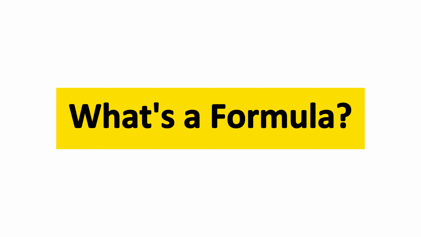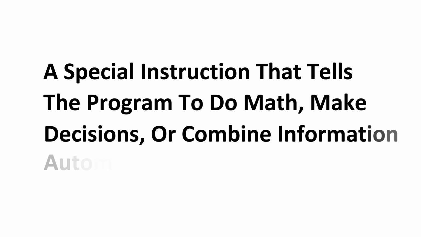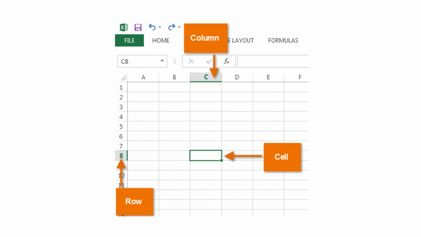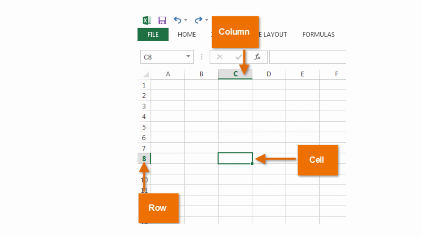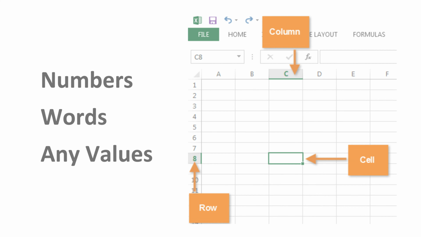A formula in Excel is like special instructions that tell the program to do math, make decisions, or combine information automatically. It's like giving directions to Excel so it can solve problems for us. In Excel, cells are like boxes where we can put numbers, words, or anything we want to keep track of.